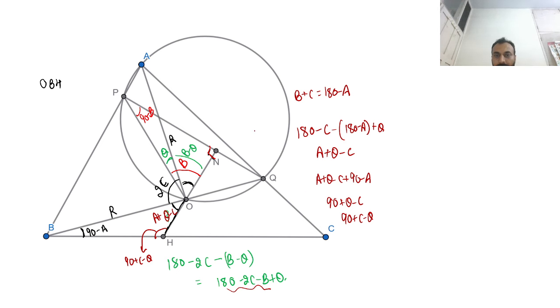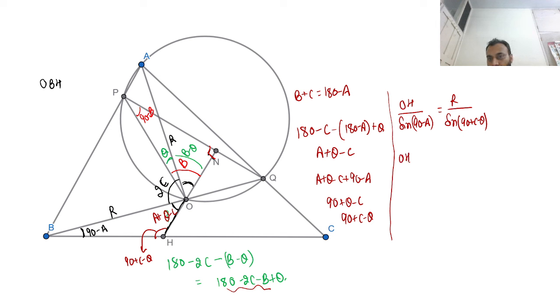So let's write OH now. By the sine rule, I can say OH by sine of 90 minus A is equal to R by sine of 90 plus C minus theta, right?